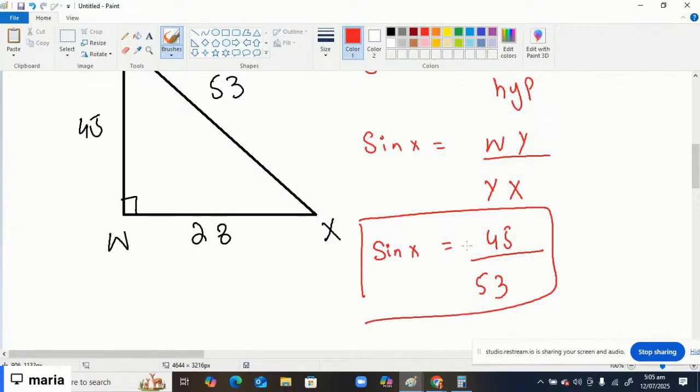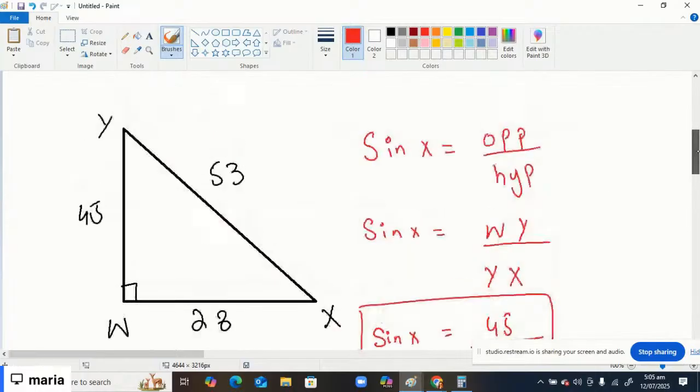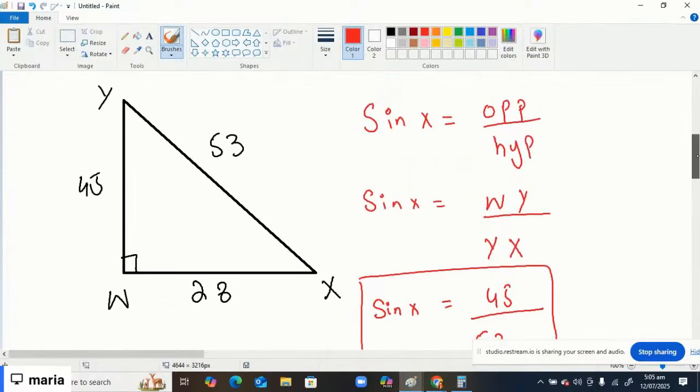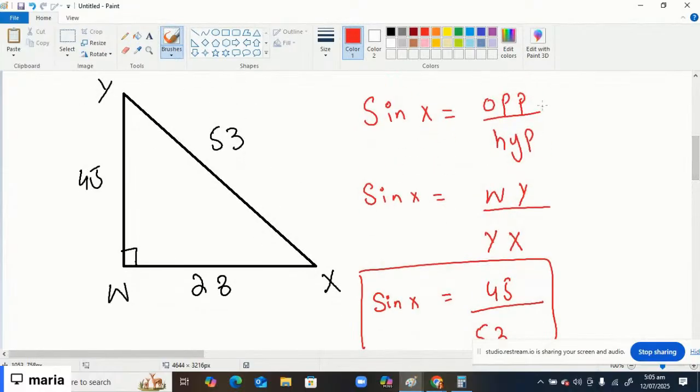If they are asking for sine x, you use the formula opposite over hypotenuse. Always remember, this one is your opposite, this one is your adjacent, and this one is your hypotenuse.